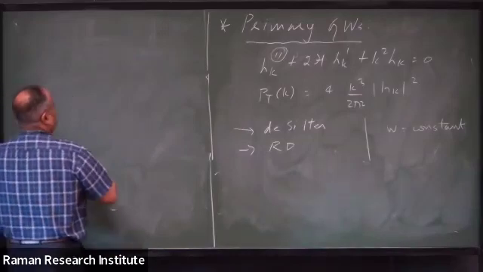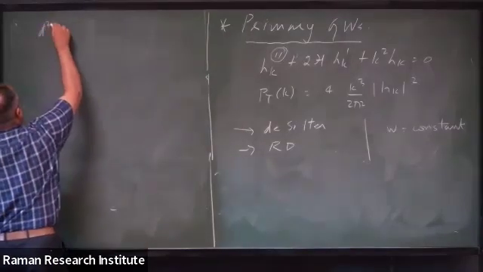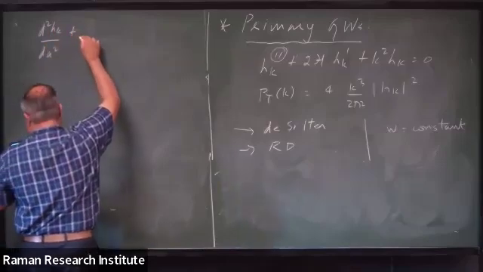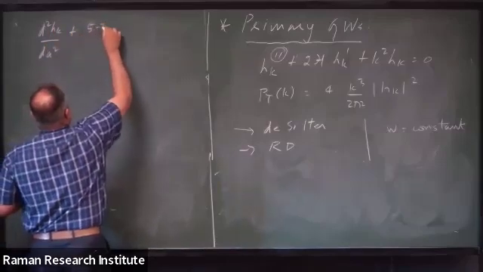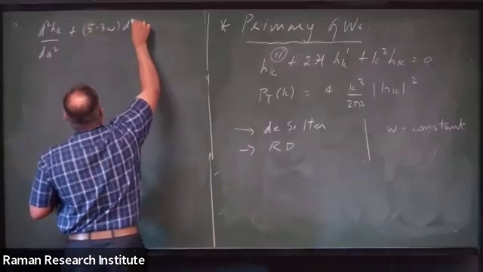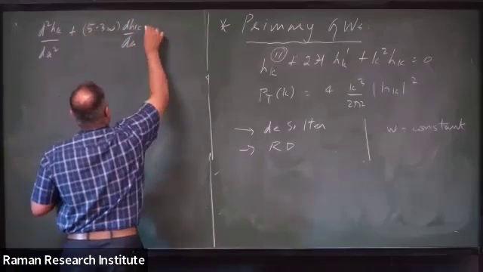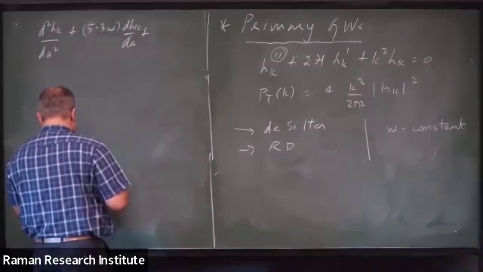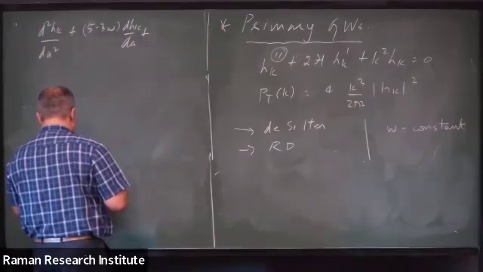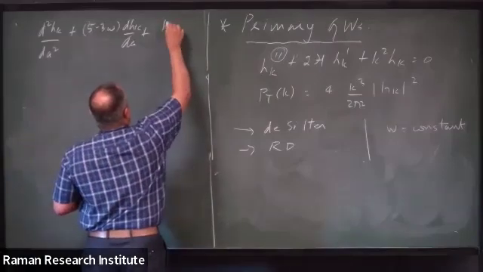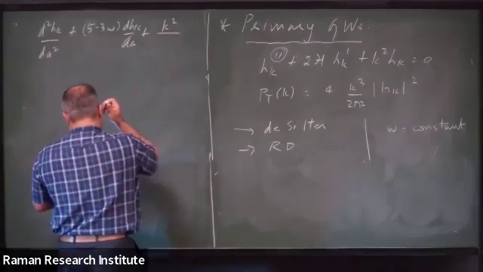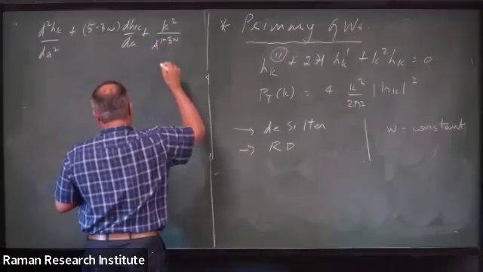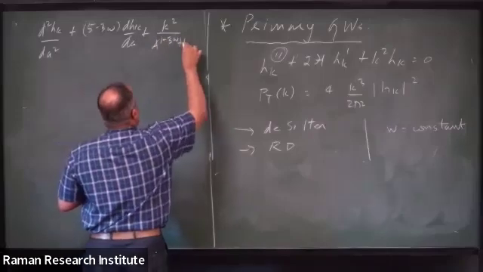Right. So you will find that the differential equation happens to be d squared h_k by da squared plus (5 minus 3w) dh_k by da plus k squared by a to the power (1 minus 3w) into H squared, h_k equal to 0.